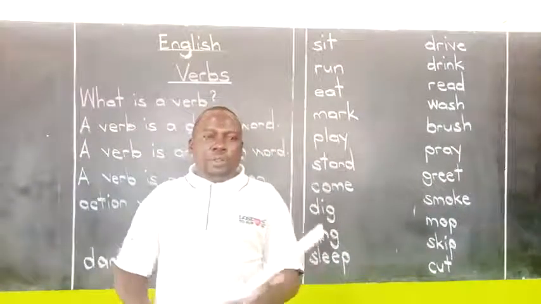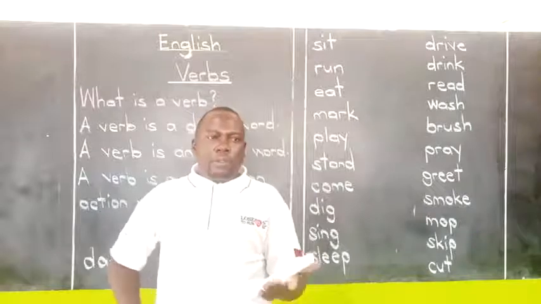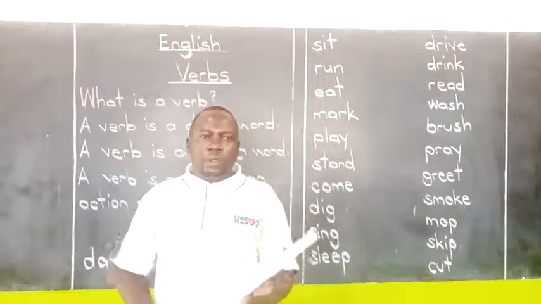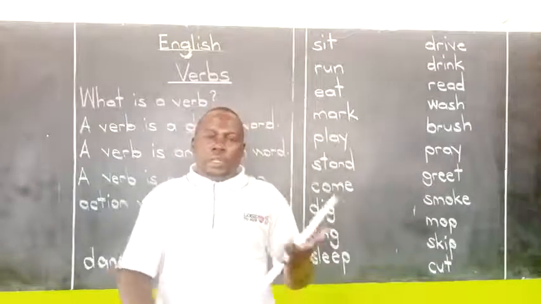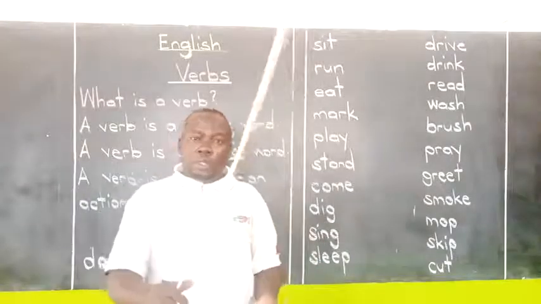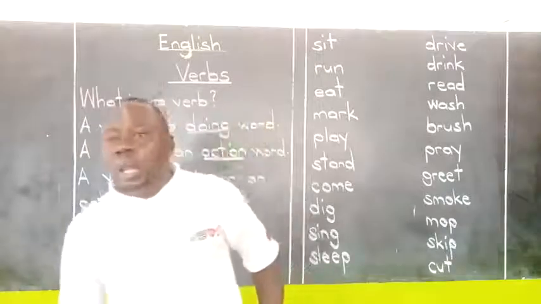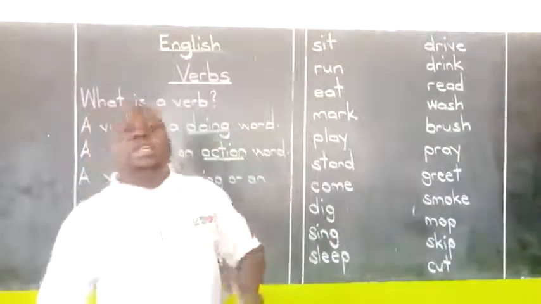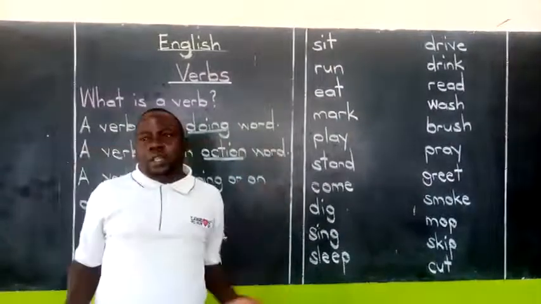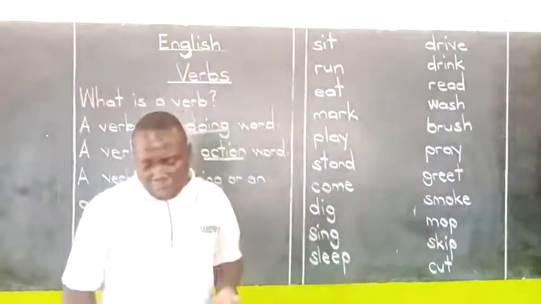Okay? Cut. Right now I'm cutting. Though this one is not a panga or a knife, but I'm cutting. So you can give more, the verbs are very many. There are very many action words.